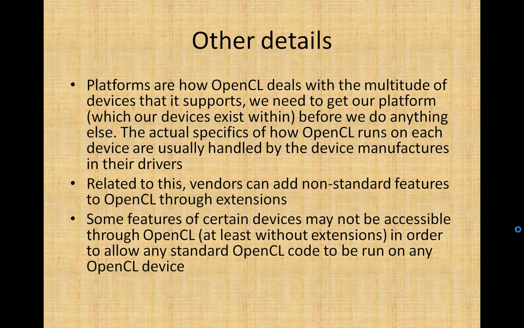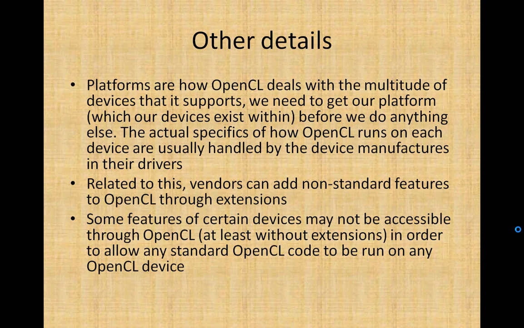So carrying on from there, OpenCL vendors, just like OpenGL, WebGL, I know pretty much most Khronos supported standards can add non-standard features through extensions. So if your GPU supports something that's not part of the normal OpenCL feature set, you can add it through an extension.